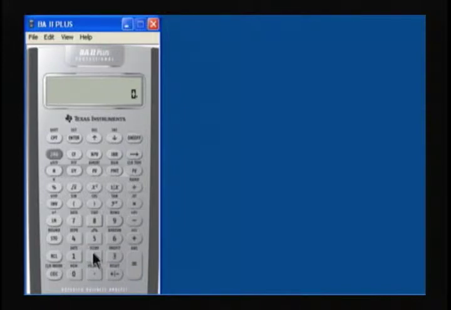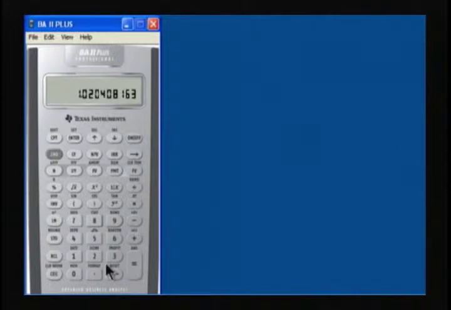I took the 2 divided by the 98 to get my periodic rate, because I'm paying 2% interest on a 98% loan. That's my periodic rate. I can add a 1 to that, and then I'll press y to the x to compound this out.